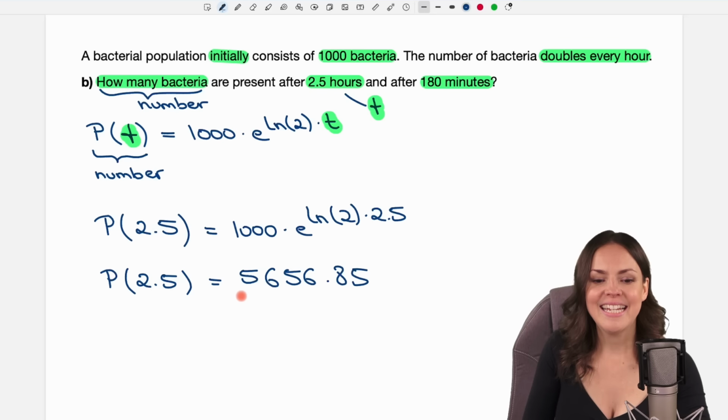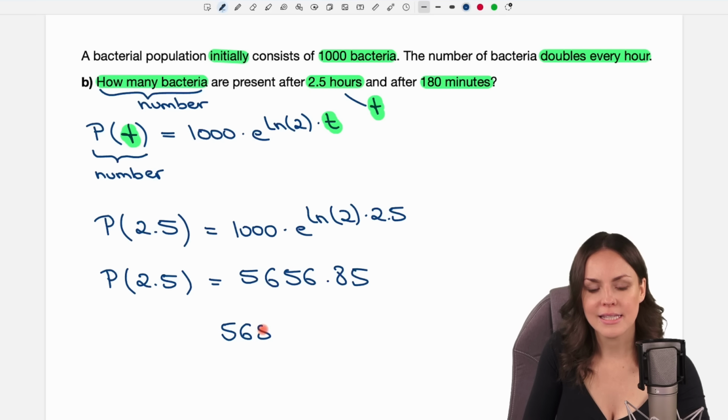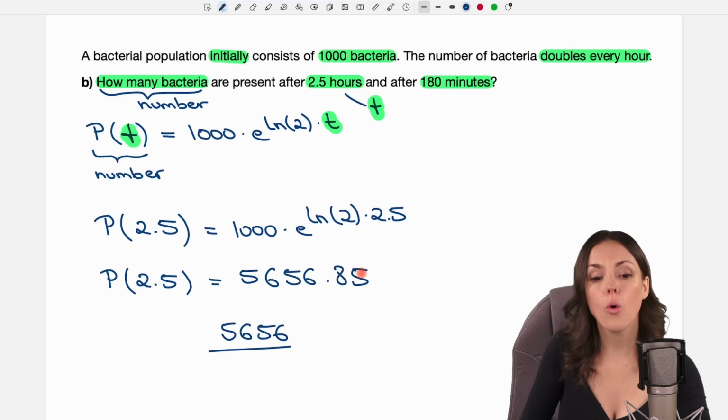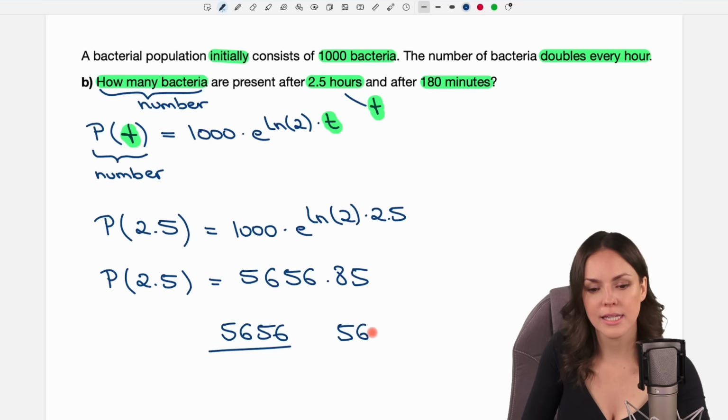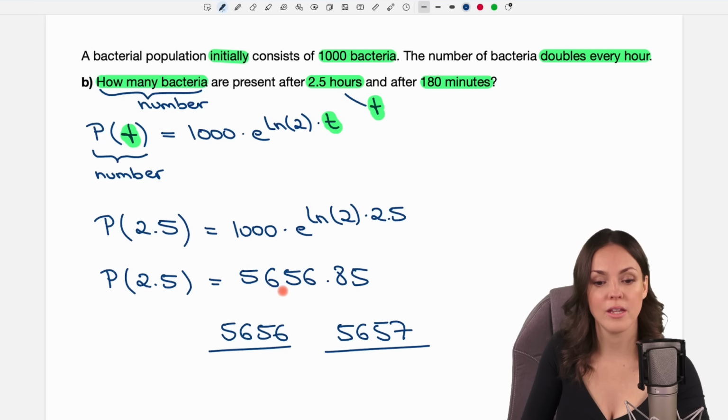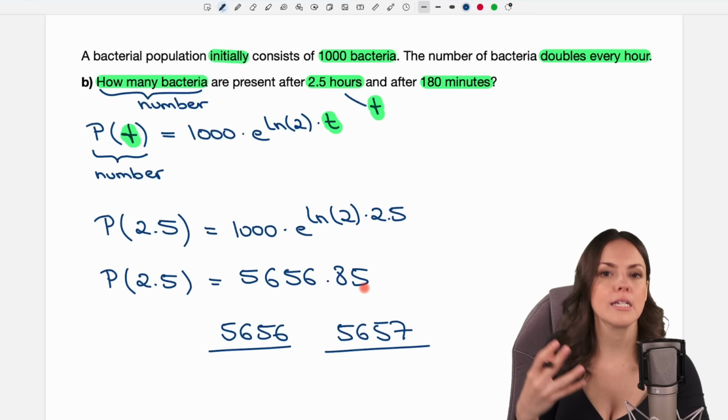0.85. Is it 5,656 bacteria or 5,657 bacteria if I round it up? Well, I have 5,656 bacteria, and these 0.85 is not a whole bacteria yet.